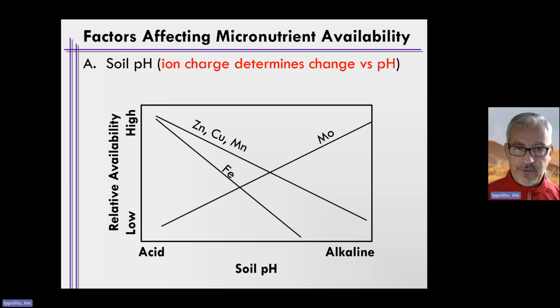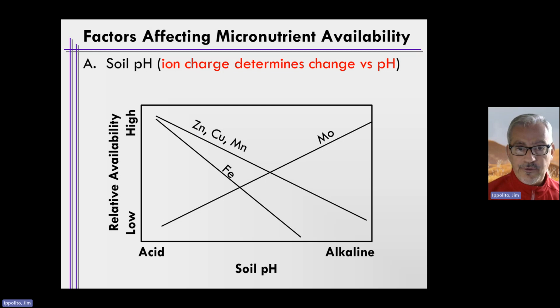So what does that mean? That means that for every 1 pH unit decrease, zinc, copper, and manganese increase in availability by 10 to the power of the charge of the ion, or 10 to the 2, which is 100.